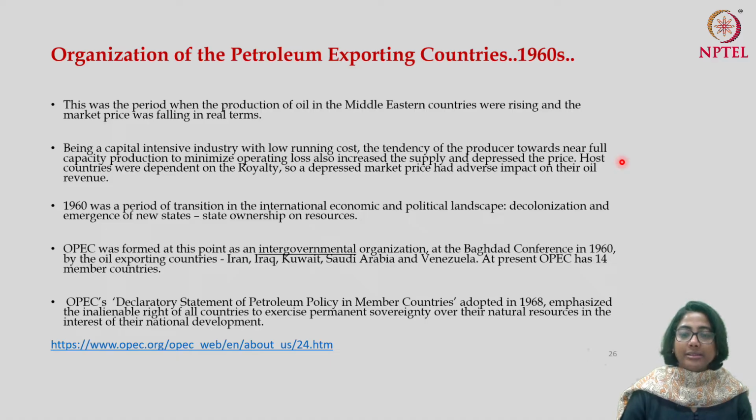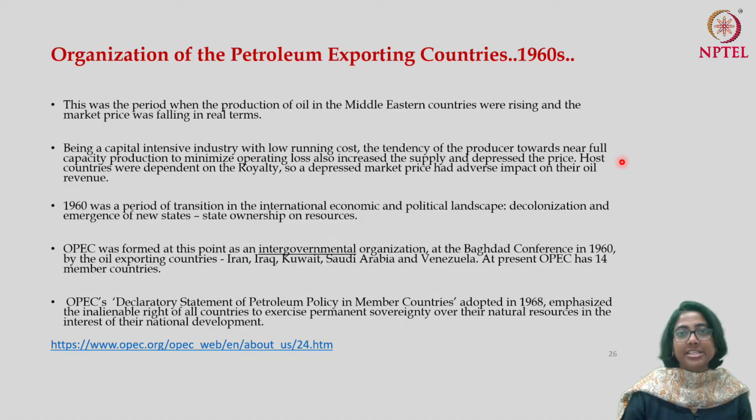If you look at the declaratory statement of petroleum policy of the member countries adopted in 1968, there was a strong emphasis on how the countries should exercise their permanent sovereignty over their natural resources in the interest of national development. So this is the genesis, and this is how OPEC started functioning in 1960.